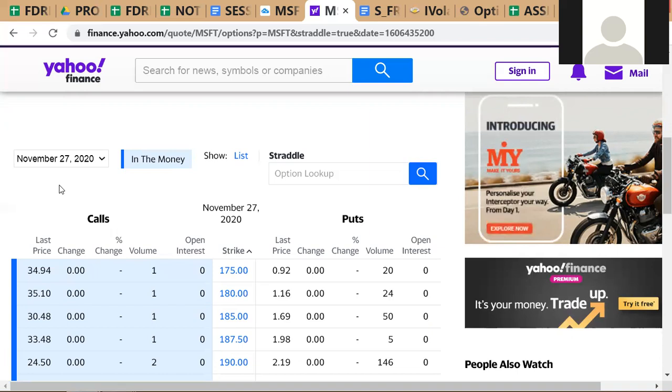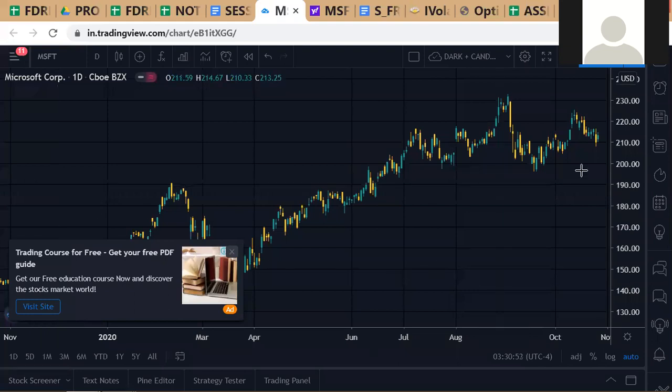In terms of your trading, what you do is take a view on the option's underlying asset at any point in time.